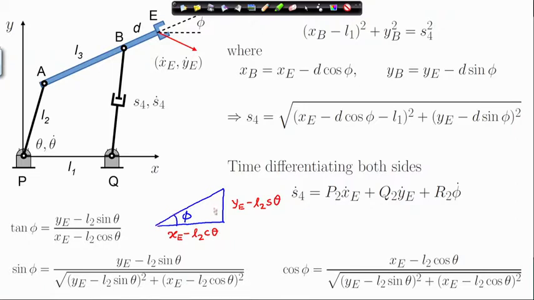So, the hypotenuse of this right angle triangle is nothing but the square root of the base square and the height square. Therefore, you can relate sine phi and cosine phi, which I have written out.